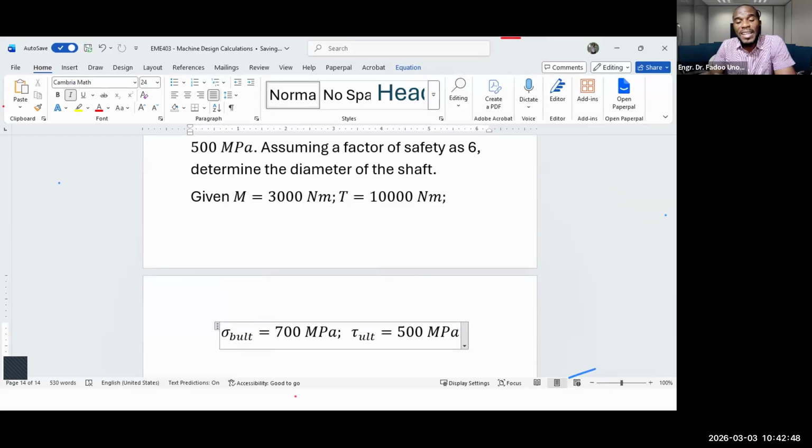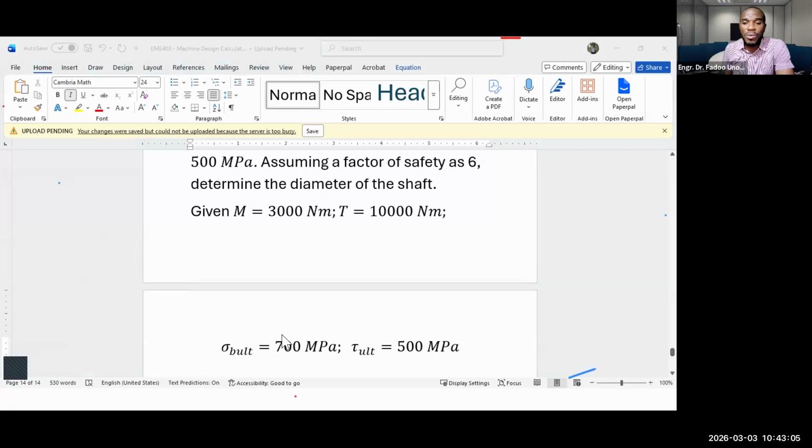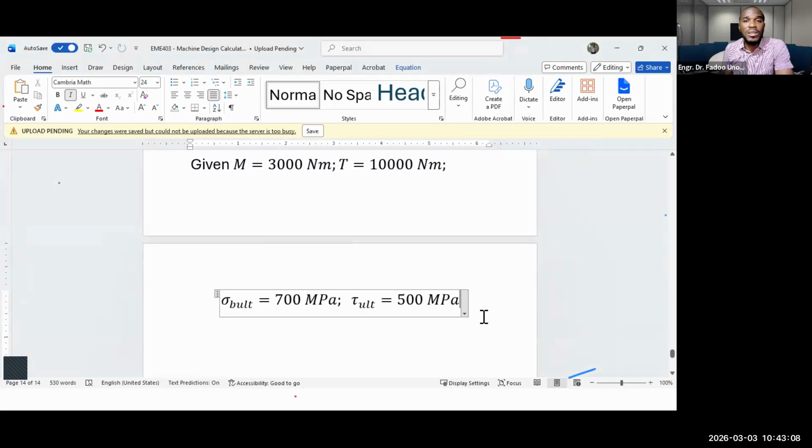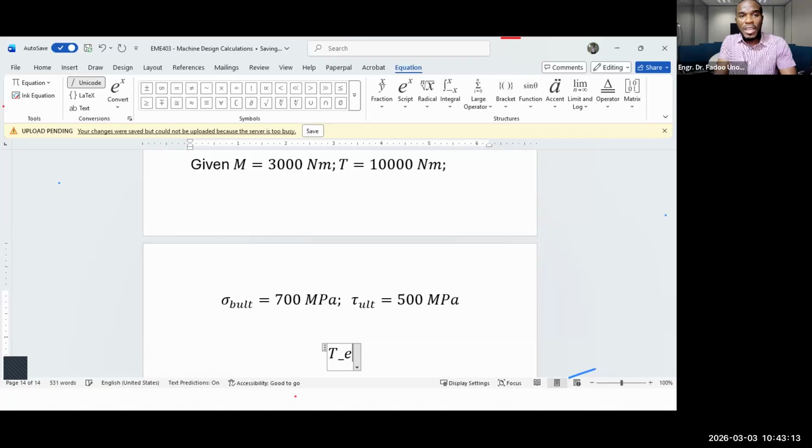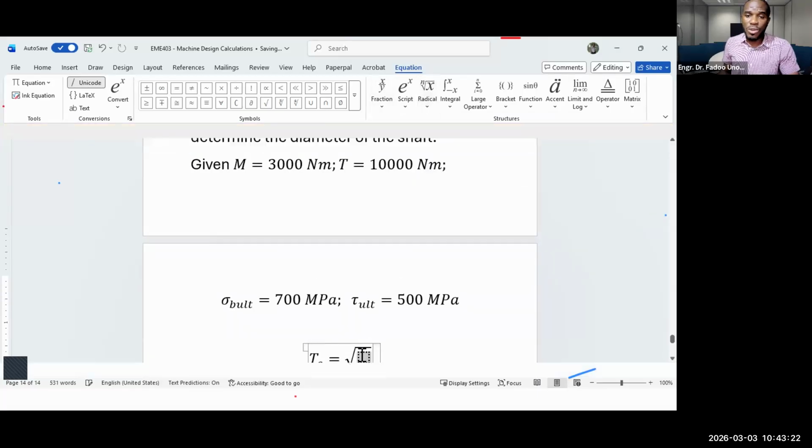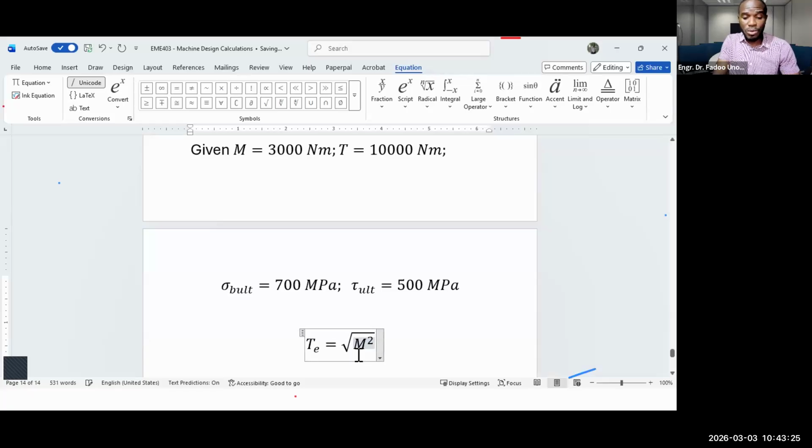And so we need to find the shaft diameter. We are going to apply two theories. Don't forget, we're going to apply two theories to calculate and find which of these is the biggest. Now, the first theory that we are applying says that the equivalent twisting moment can be found by this expression, the square root of M squared, which we know, plus T squared.